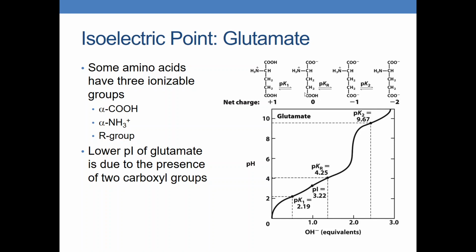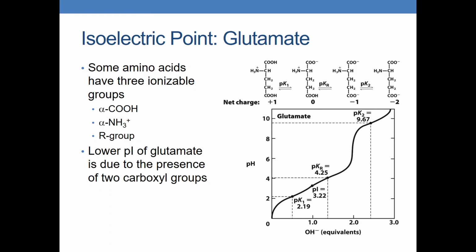So my carboxylic acid group, I have 50% protonated or 50% acid, and then 50% conjugate base or deprotonated in this case. So when my pH equals 4.25, I have a net overall electrical charge of minus 0.5. The average of 0 and minus 1 is minus 0.5.